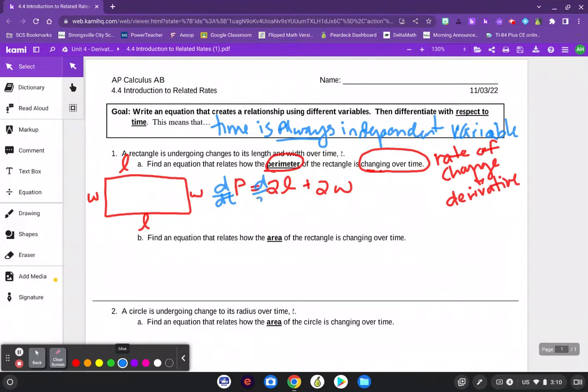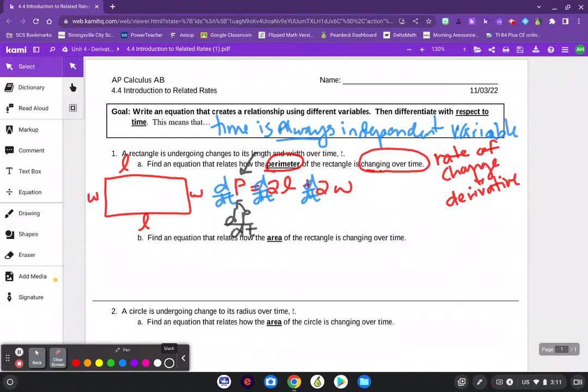In these related rates, we're looking at how, in this case, the perimeter changes over a period of time, so how the side lengths are changing over that period of time. Time is that independent variable. Notice that P, the function for the perimeter, is different than the independent variable, so the derivative of P is P prime, or dP dt.